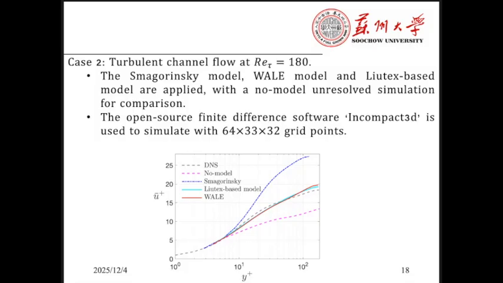Note that the WALE model has a substantially different formulation than the subgrid model, while we have used the same formulation for the vortex-based subgrid model in both decaying homogeneous isotropic turbulence and turbulent channel flow.